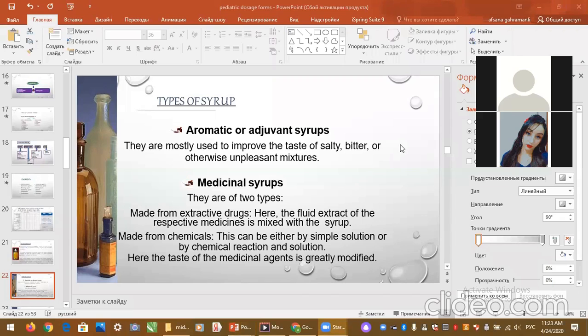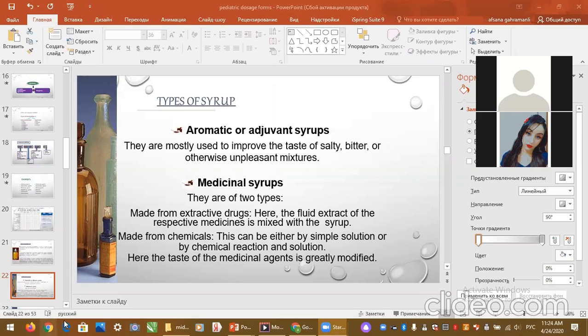It means that we take 64 grams of saccharose and 36 grams of water, because the concentration of syrupus simplex is 64%. Okay? You can repeat again: 64 grams saccharose and 36 grams of water, because the percentage concentration of syrupus simplex is 64%.